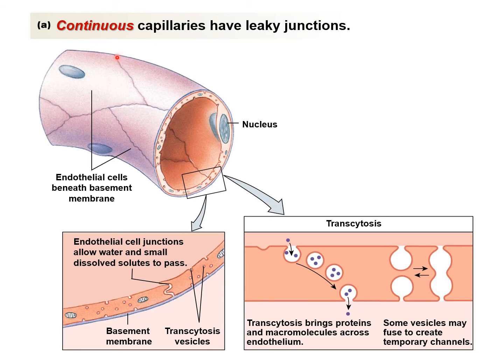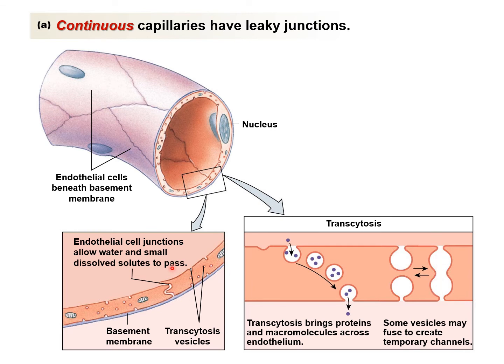Continuous capillaries are like pavement stones, but they are leaky. That is to say, these junctions in between the capillaries have relatively, quote-unquote, permissive tight junctions. They let lots and lots of material pass paracellularly. Yes, you do get transcytosis. You may even create these sort of transient channels, if you will.